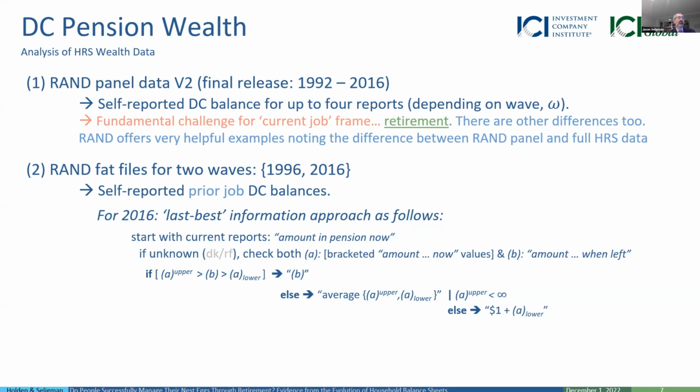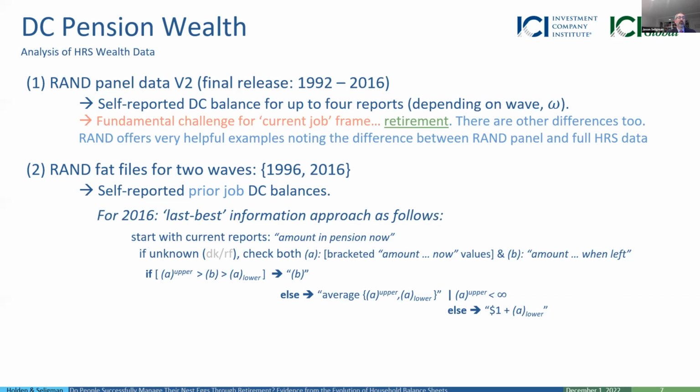Now, if B, the amount when left, is between the upper and lower brackets of the estimated now values, we're going to take B as the pension value. Notice that that's probably less than what the pension's worth now if it's been accruing any sort of improvements in value, normally like equities increase in value, this sort of thing.